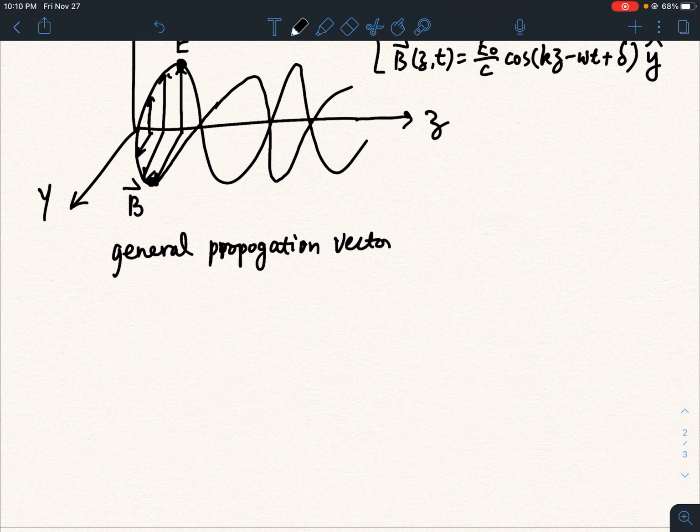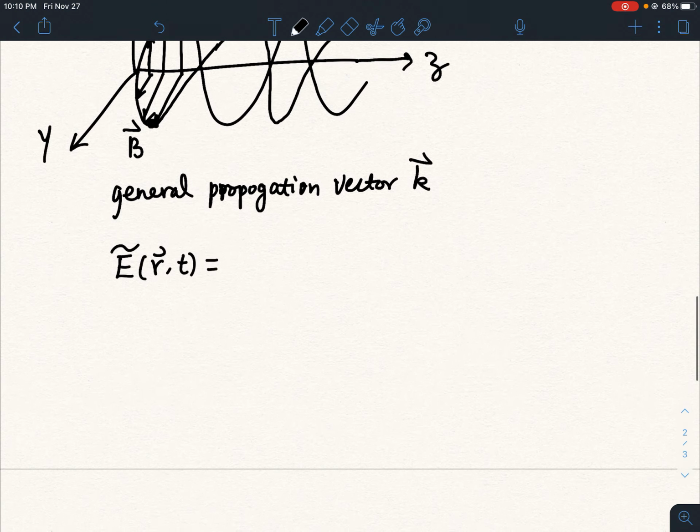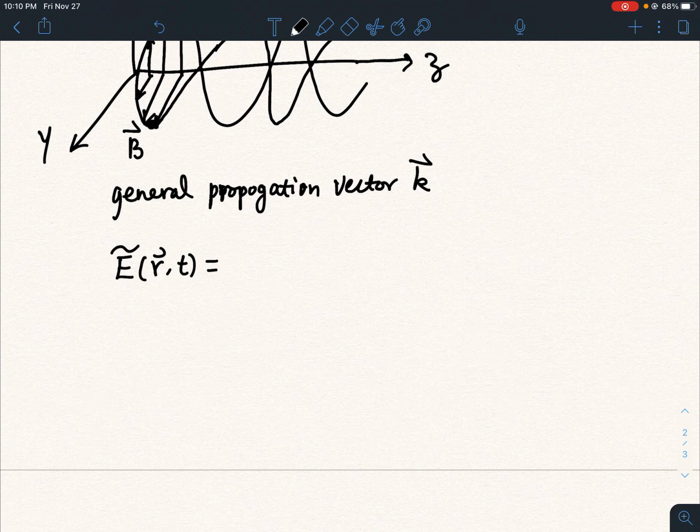Let us call it k. This k points in the direction of the wave propagation, and the magnitude is just the wave number k.